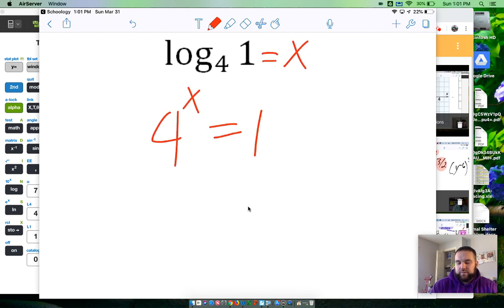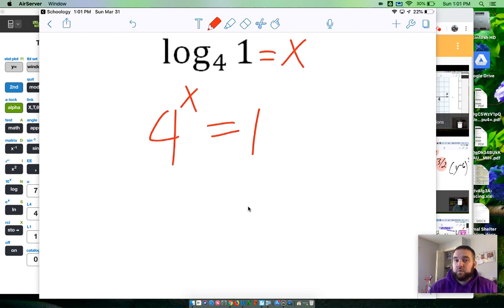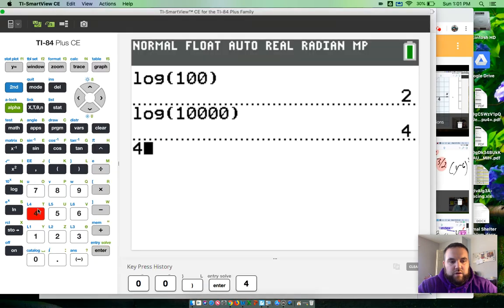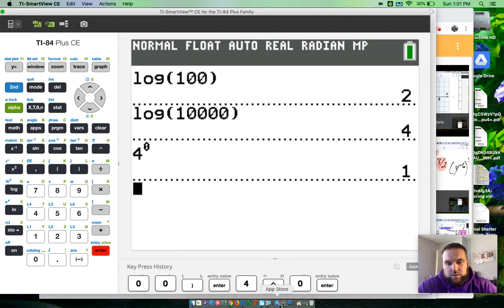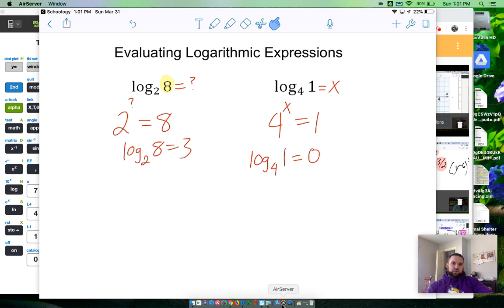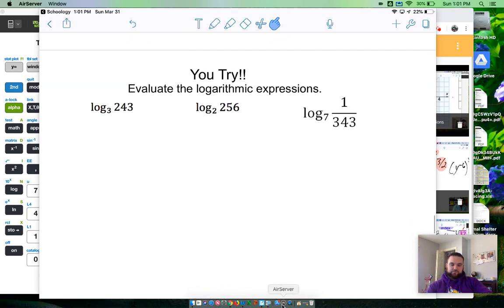And that was one of the first things that we reviewed from our exponent rules, that any number raised to the 0 power is equal to 1. So I would say log base 4 of 1 is equal to 0. And again, I could test this by using the exponent function on our calculator. 4 to the 0 power is equal to 1. So that's how we're going to be evaluating these logarithmic expressions.